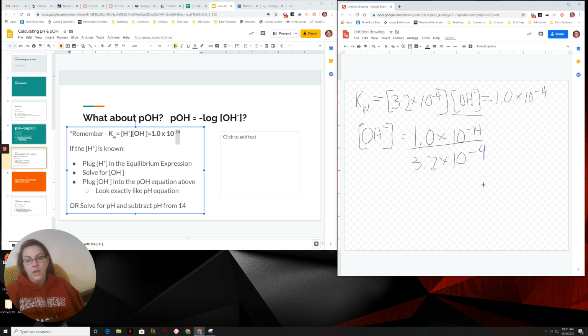Now I can do that calculation: 1.0 times 10 to the negative 14th divided by 3.2 times 10 to the negative 4th equals 3.125 times 10 to the negative 11th.